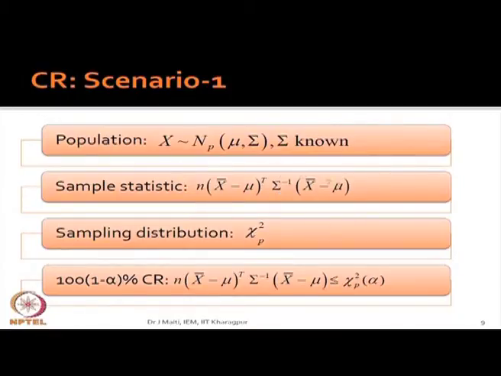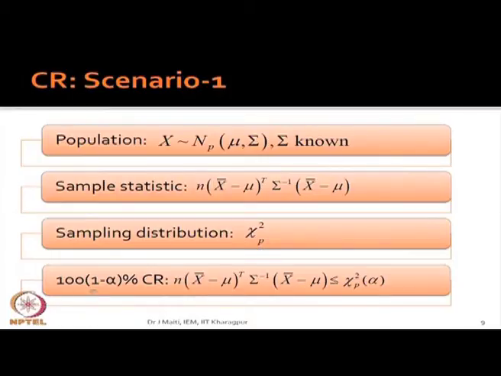Based on our earlier discussions, I do not need to write that the sampling distribution will be chi-square, because you have seen earlier that this squared term will follow a chi-square distribution with p degrees of freedom.